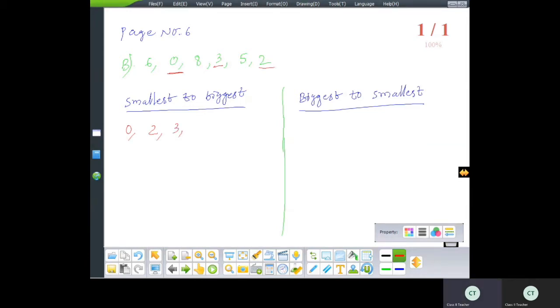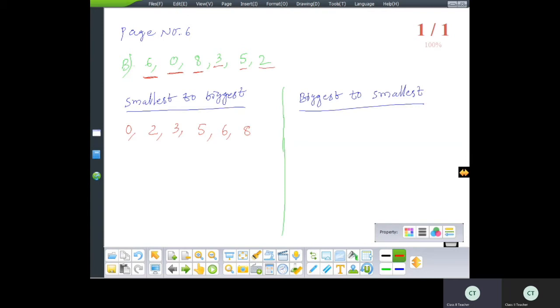After 3, 5. After 5, 6. And the final answer is 8. These are the numbers from smallest to biggest: 0, 2, 3, 5, 6, 8.